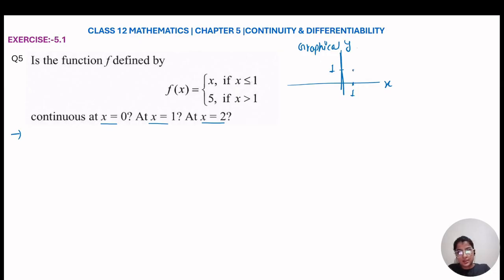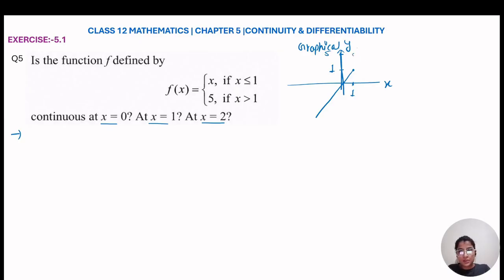That means at 0 it is 0, and till here our graph is defined like this. Then for x greater than 1, its value is 5. Say this is 5 by scaling. So for more than 1, it takes the value 5. So here it is an open circle, right?